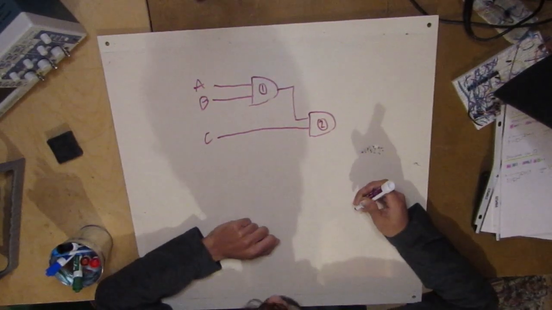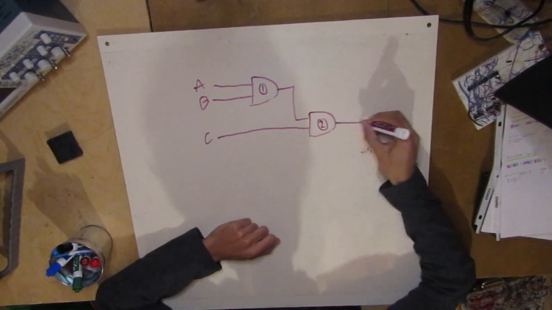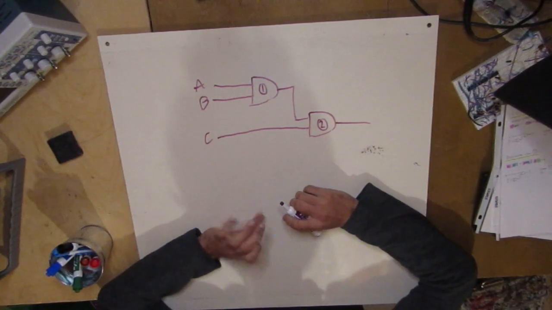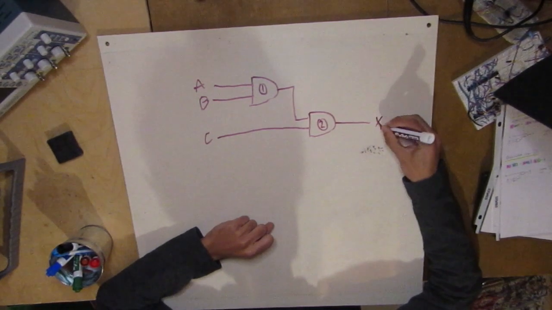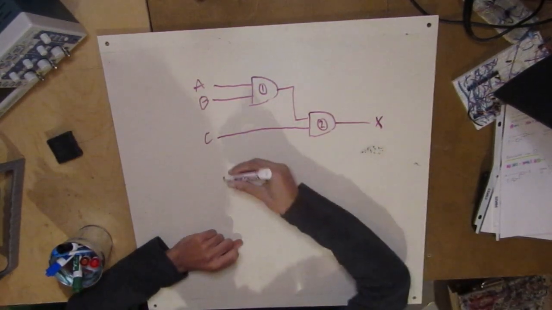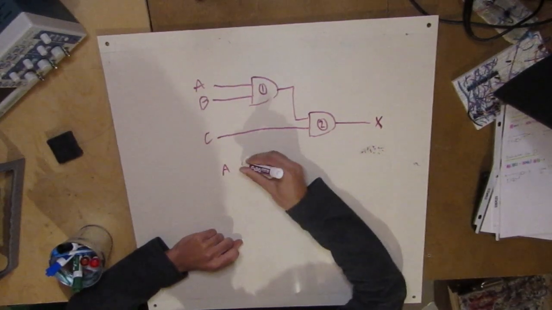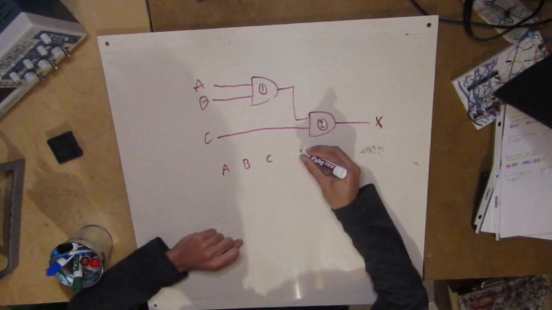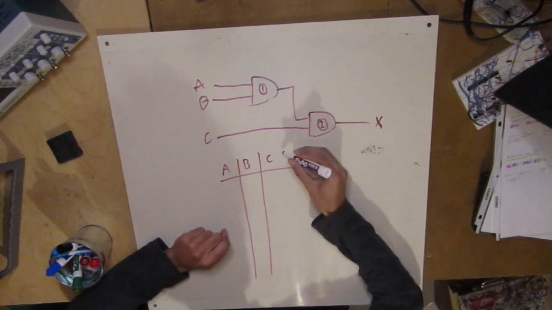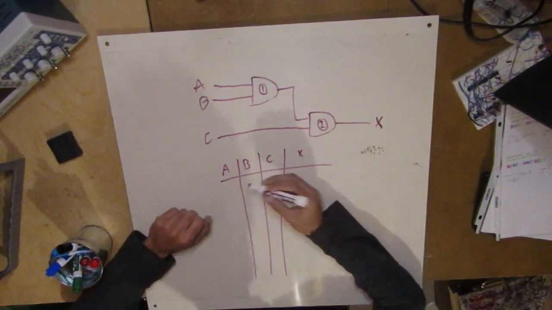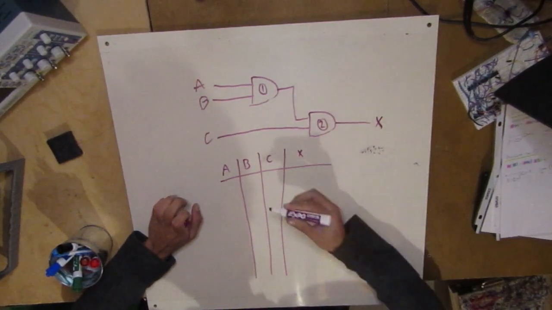Okay, let's think about this logically. Remember the tap analogy? We're going to turn taps, and we want to see what comes on the output. So let's draw a truth table with A, B, C, and X. It's going to be big because there are 3 inputs, so we have to draw all the combinations of the 3 taps.